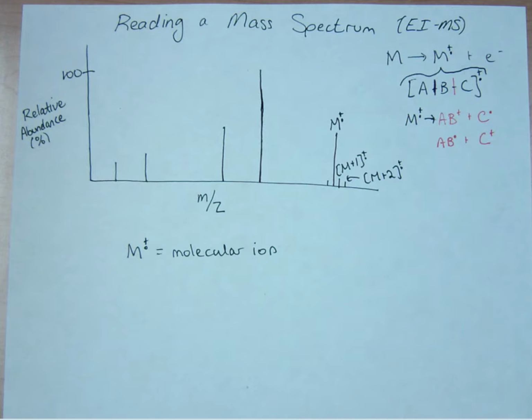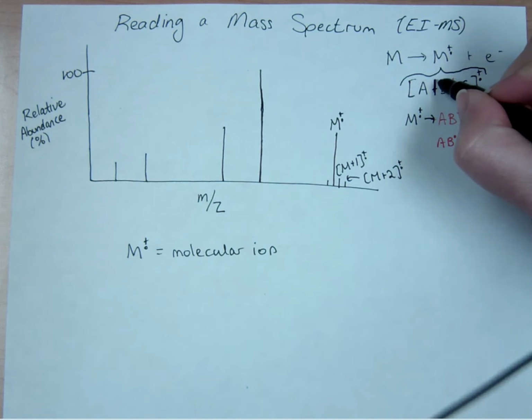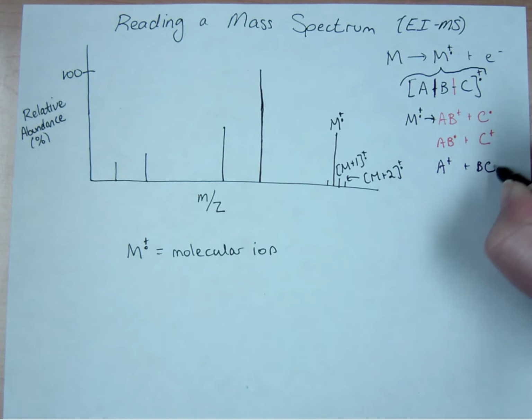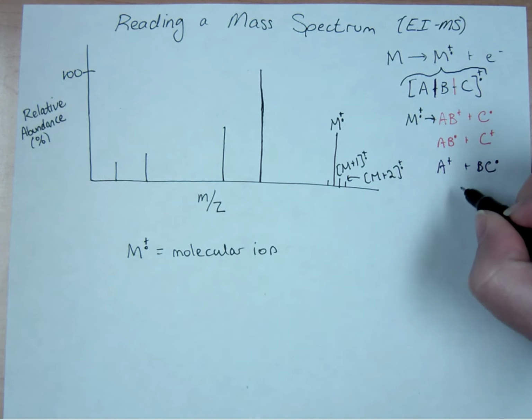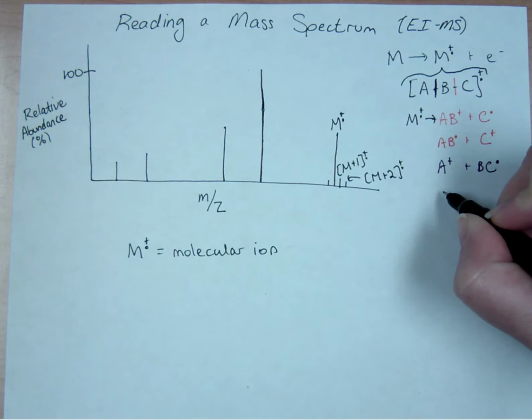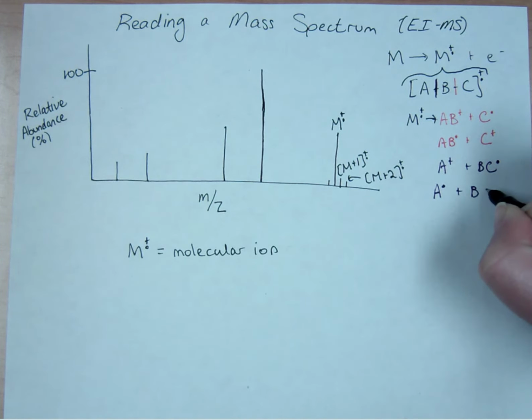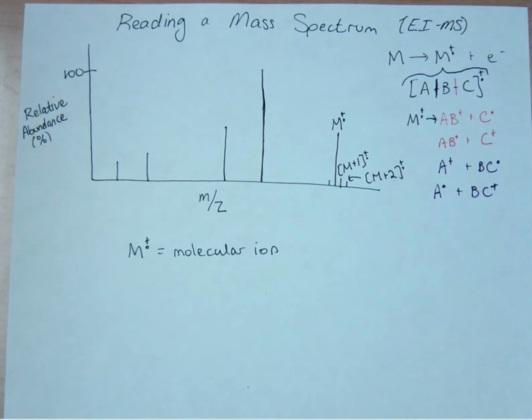Now, if we broke it at that purple line between the A and the B, we could have the charge on the A and the radical on the BC, or we could have the radical on the A and the charge on the BC. Now, as this breaks up, what are we going to see in the mass spec?